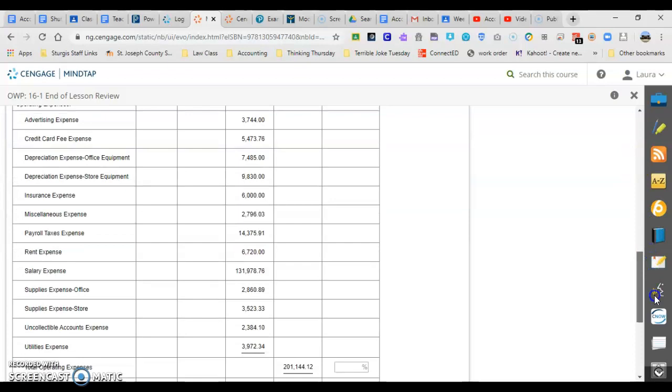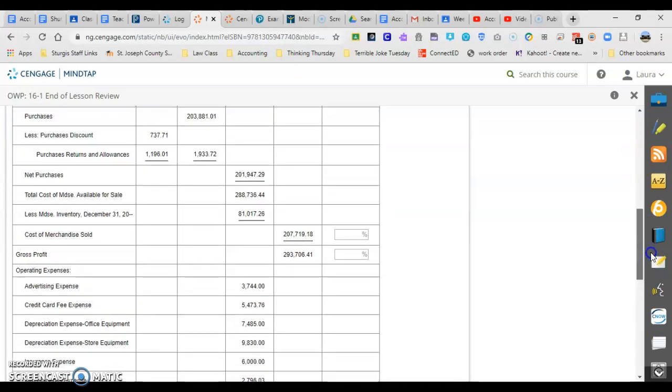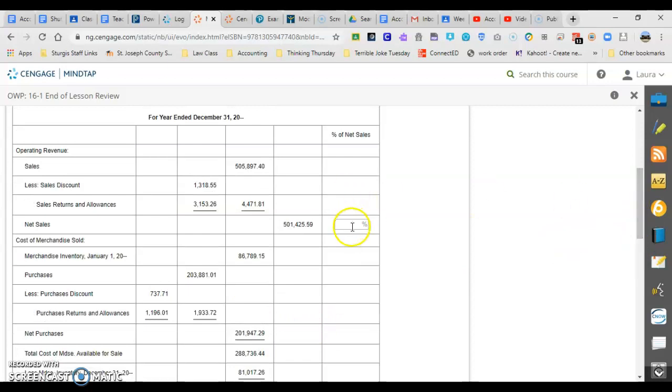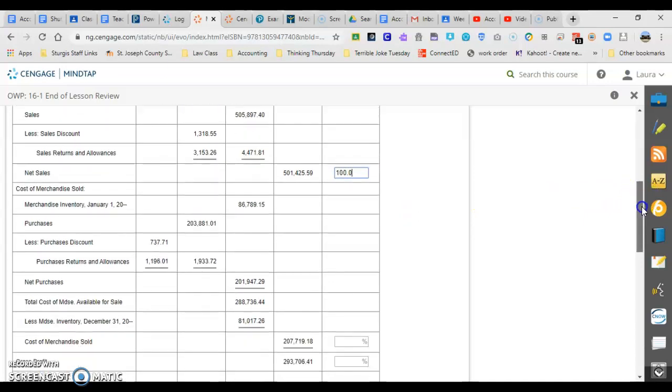Okay, so then we do some component percentages. In reality, you would do all of these, but here we do a few. Component percentages allow you to compare what percentage you're spending or making off of your sales, so you're always dividing by your net sales.